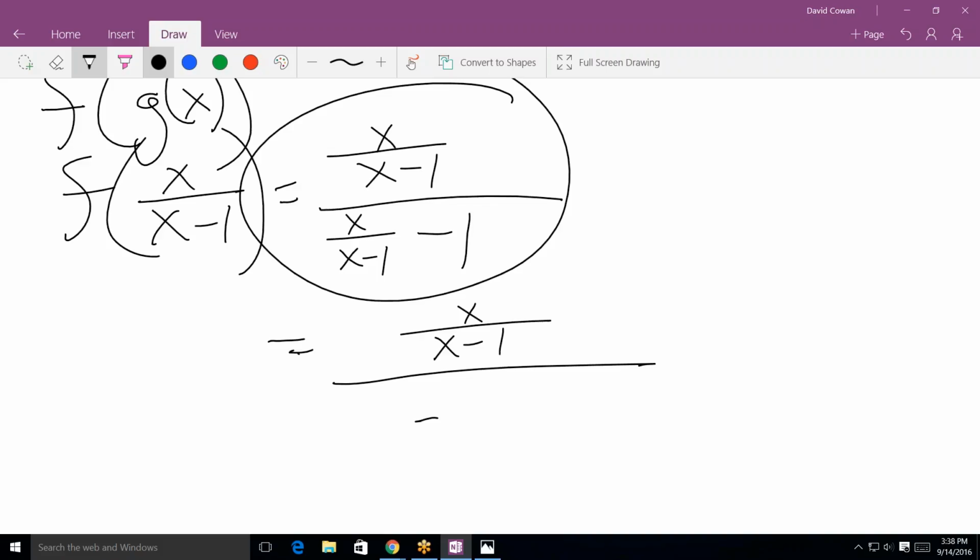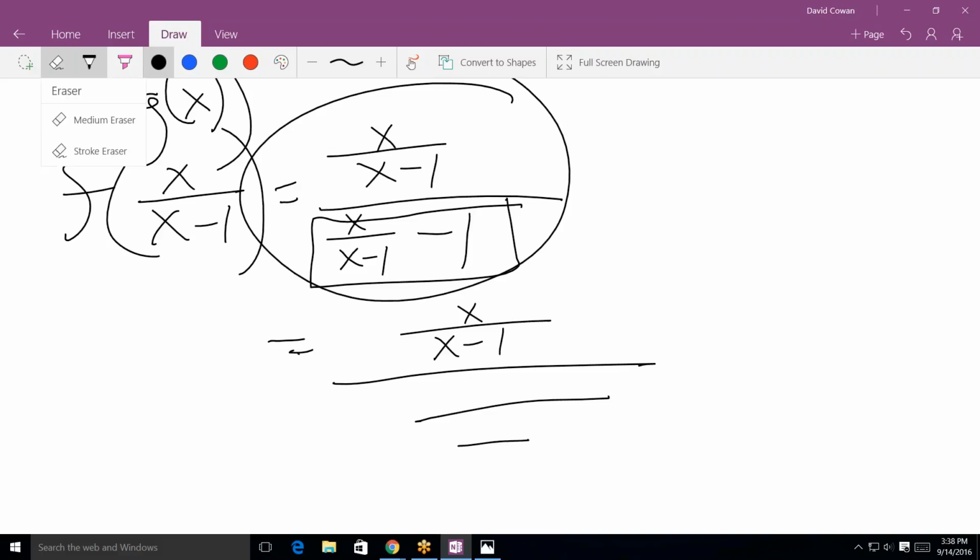What's the common denominator? If I'm looking at this part right here, what's the common denominator? X minus 1. Yeah. Whenever you have fractions in the top and the bottom, it's always a little difficult to deal with. But here's what I'm trying to write.